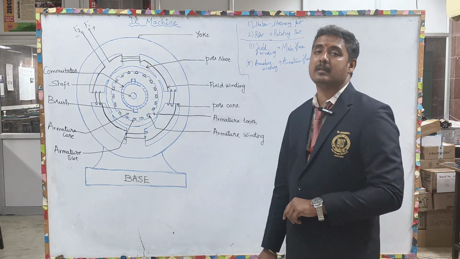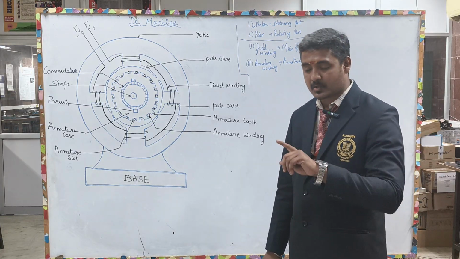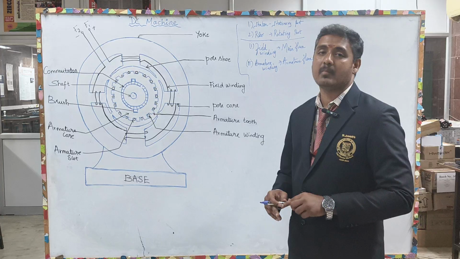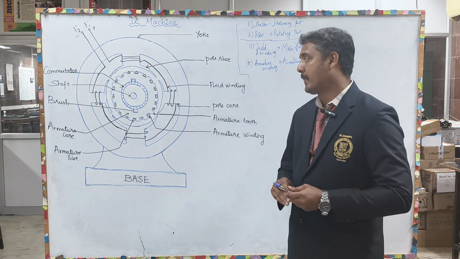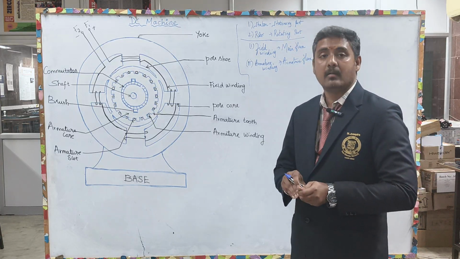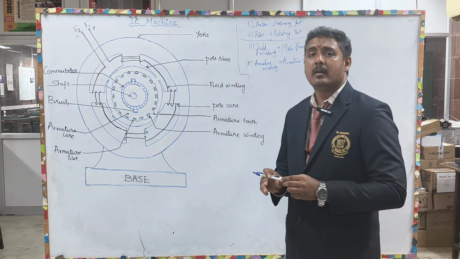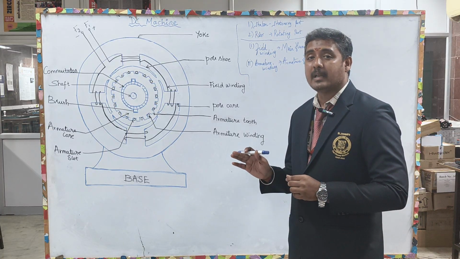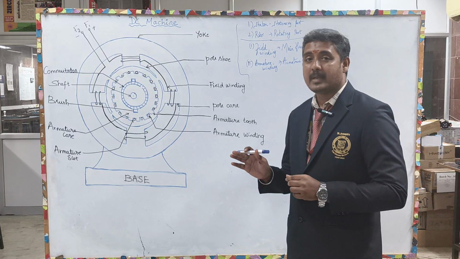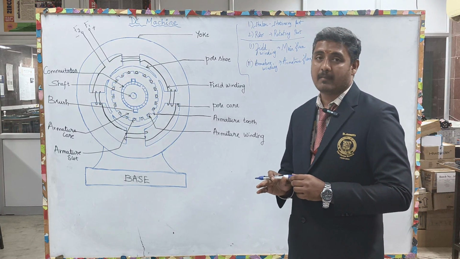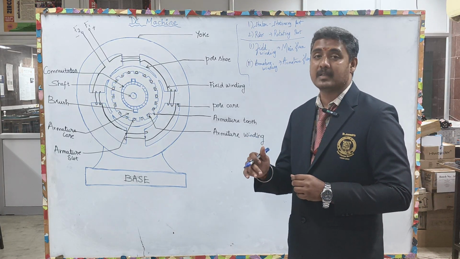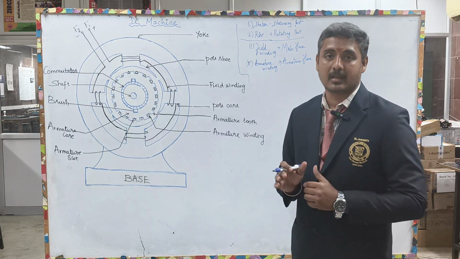There is no change in the field winding excitation, it has to be excited, either it may be a motor or it may be a generator. But the armature winding plays a major role, where it tells whether this machine is a motor or generator.